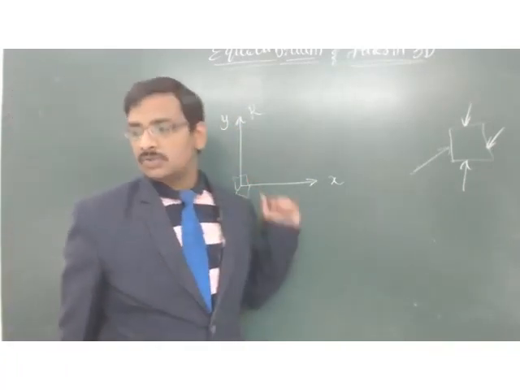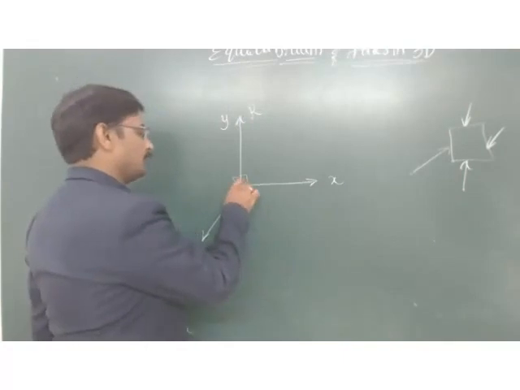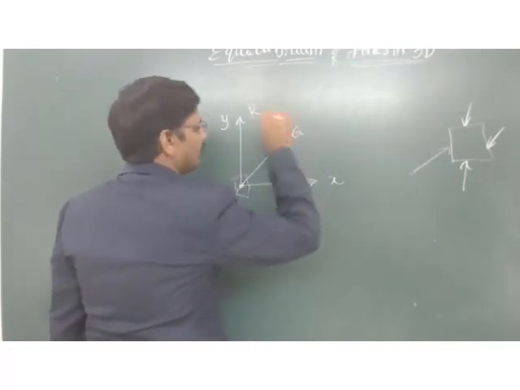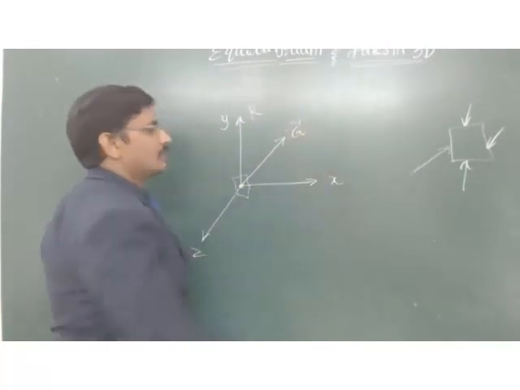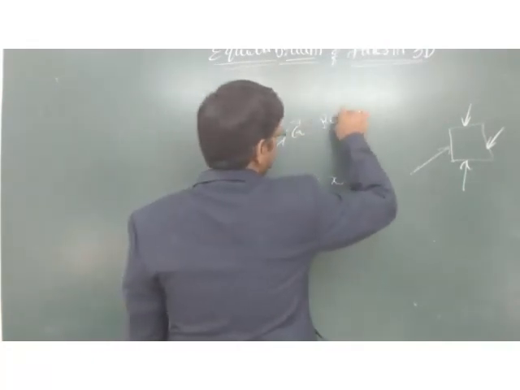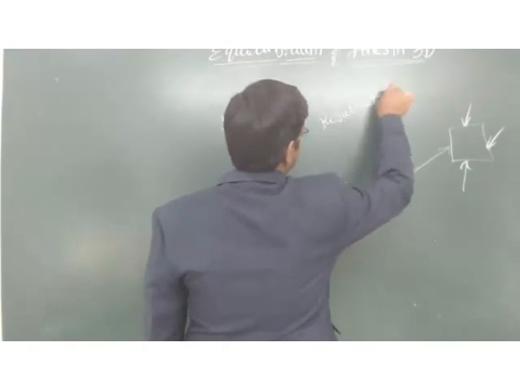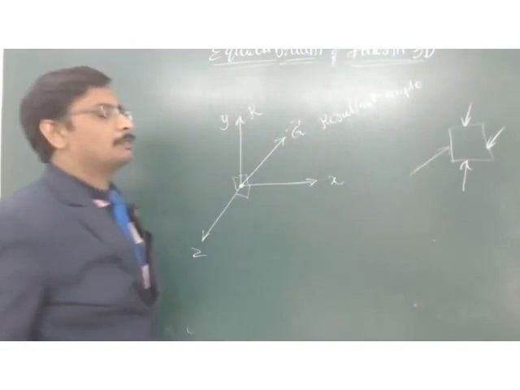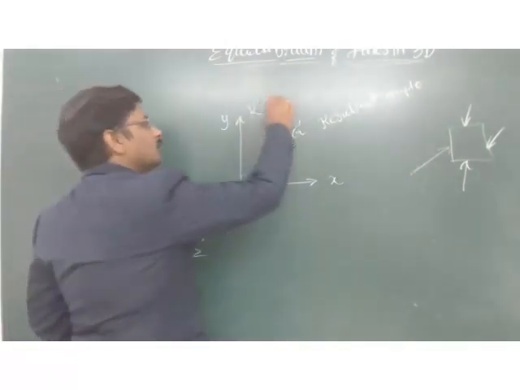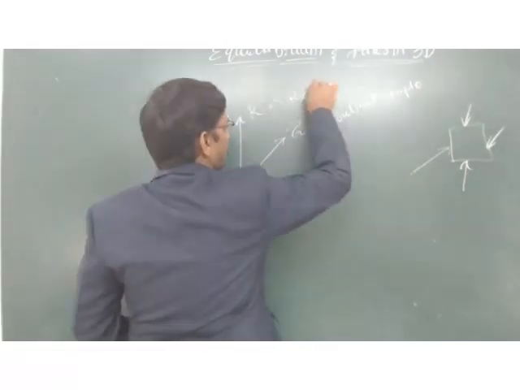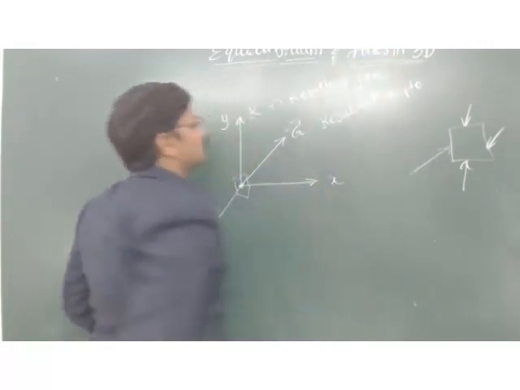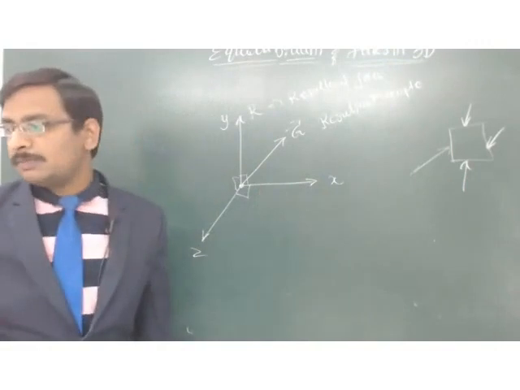Now, if there is a G acting in this particular direction, this G is the resultant couple, and this is the resultant force.